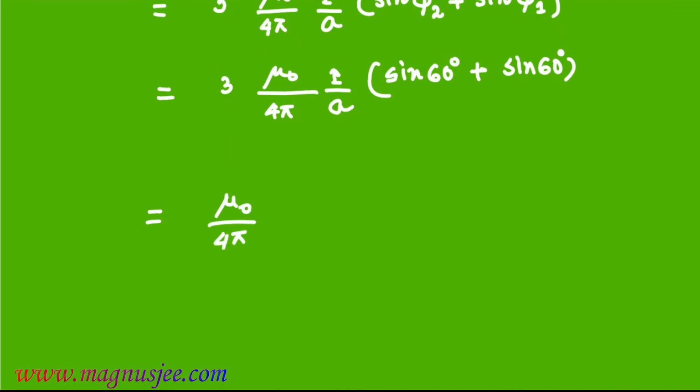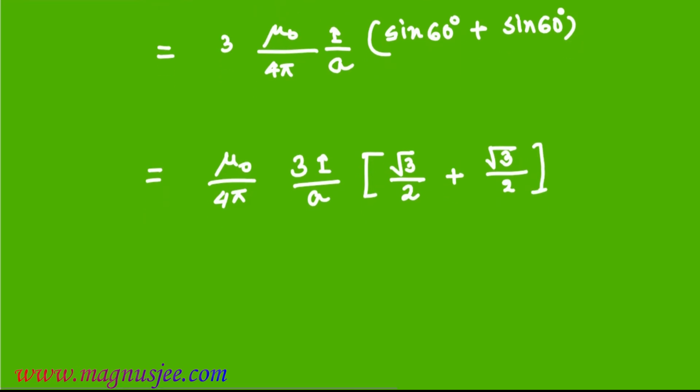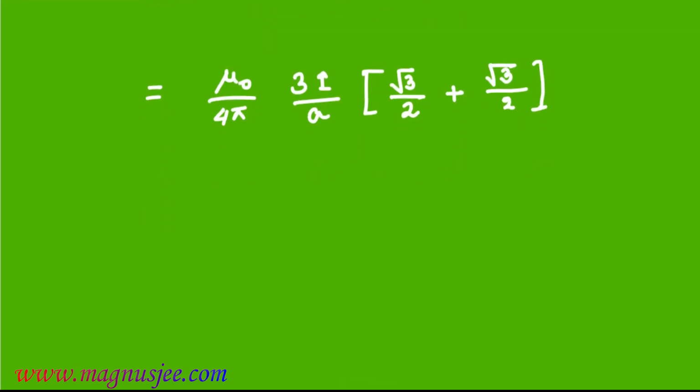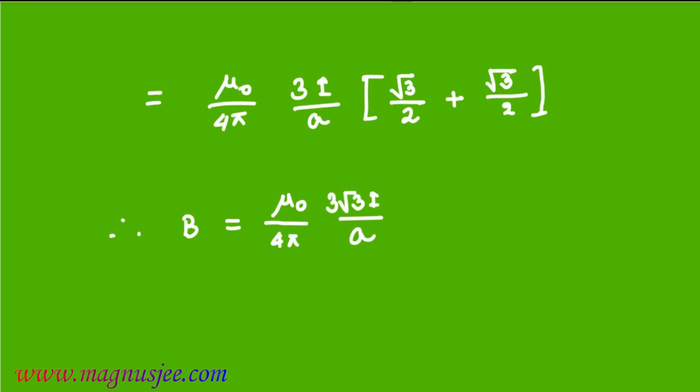So mu 0 by 4 pi, 3 I by a, root 3 by 2 plus root 3 by 2. Therefore, B equals mu 0 by 4 pi, 3 root 3 I by a.